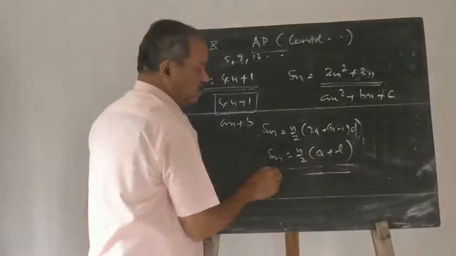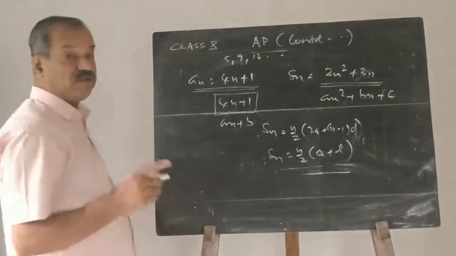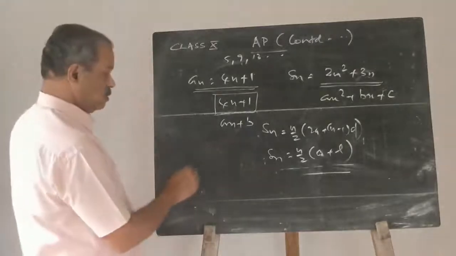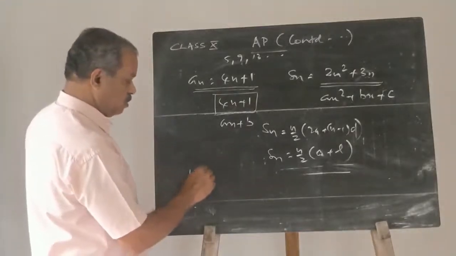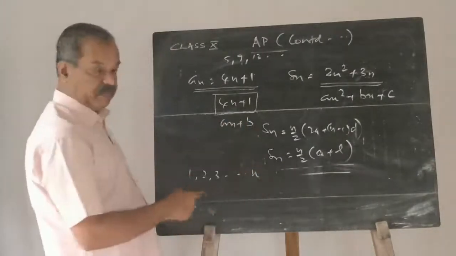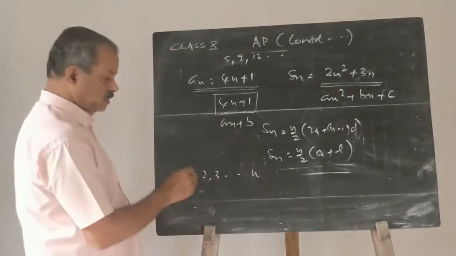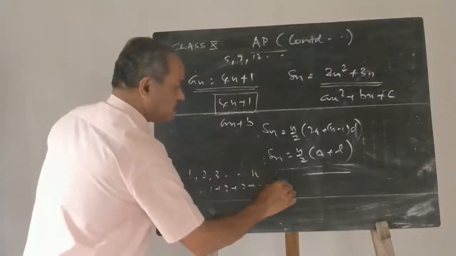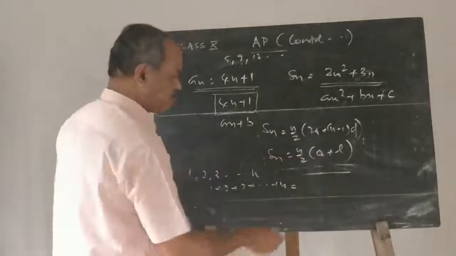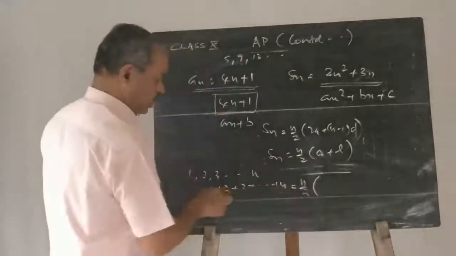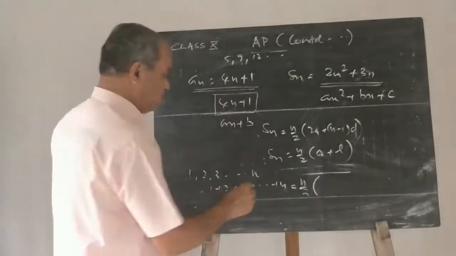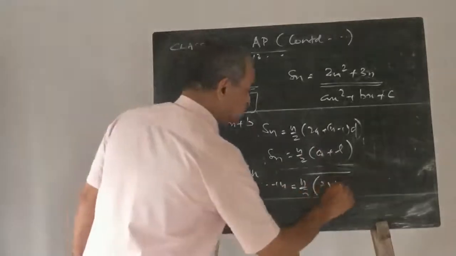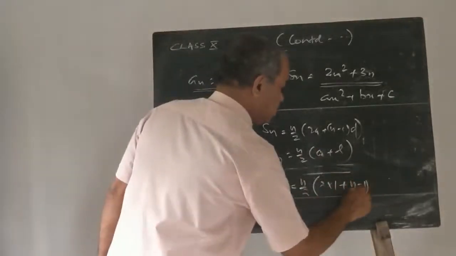Using this idea, we can calculate the sum of the first n consecutive natural numbers, that is, 1, 2, 3, etc. What is the sum of 1 plus 2 plus 3 plus etc. plus n using this idea? n by 2, because we have n terms, into 2a, meaning 2 into 1, plus n minus 1 into d.